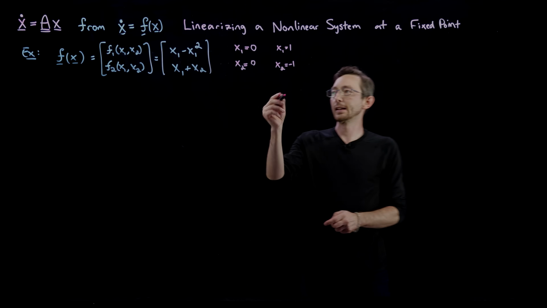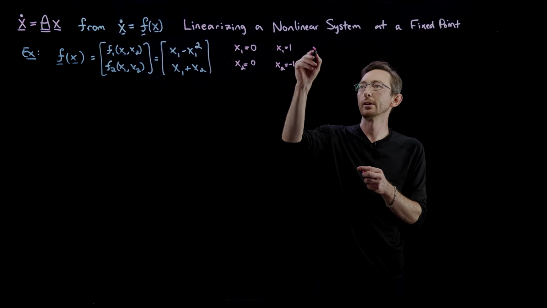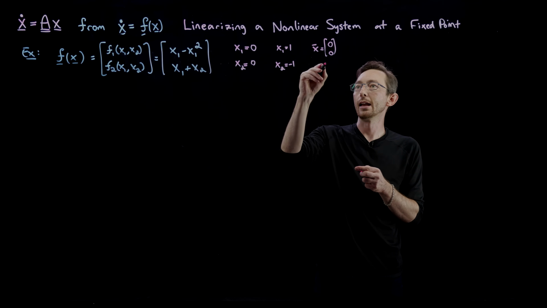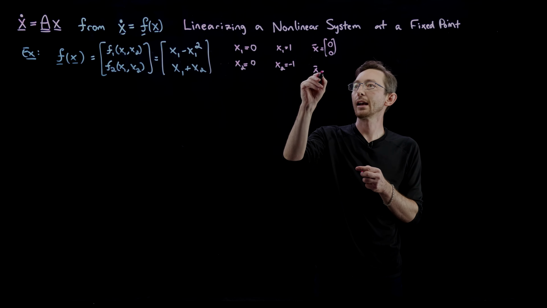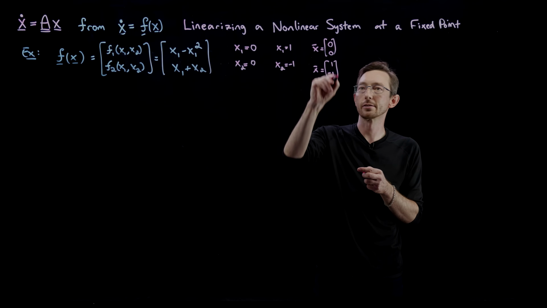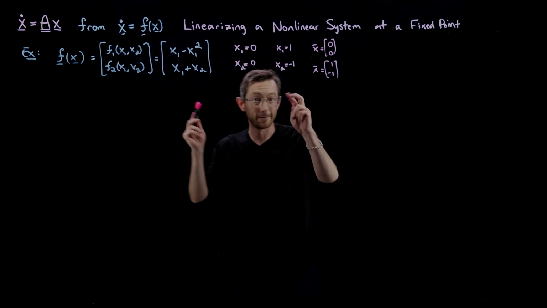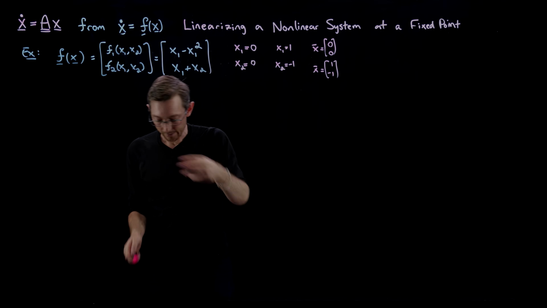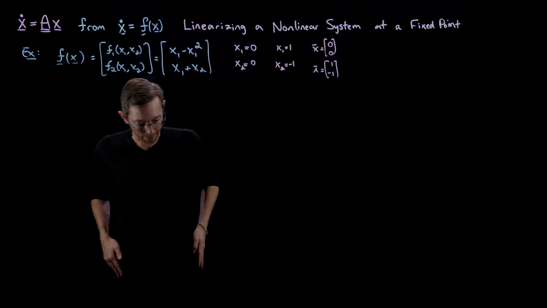So the fixed points x bar are (0, 0) and x bar equals (1, -1). These are the two fixed points in phase space. I always call phase space the space of x1 and x2. That's just an old habit.